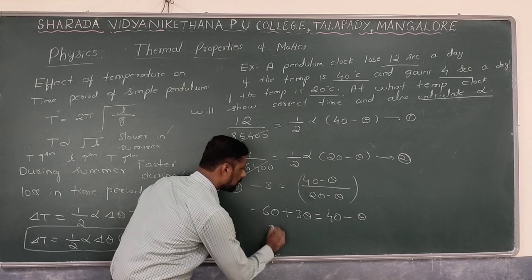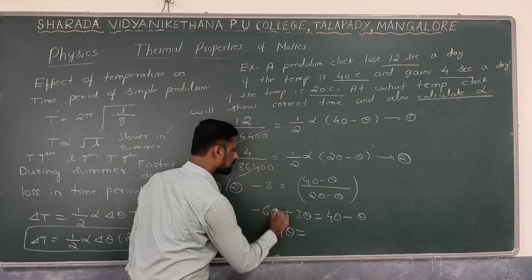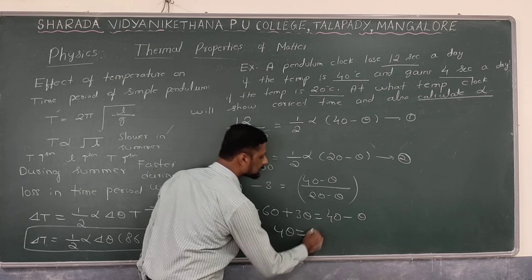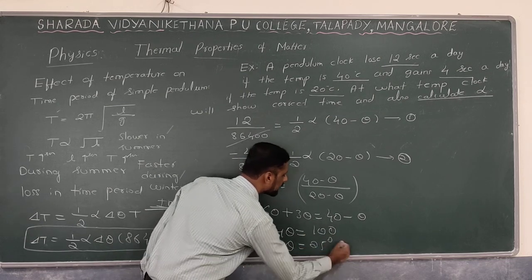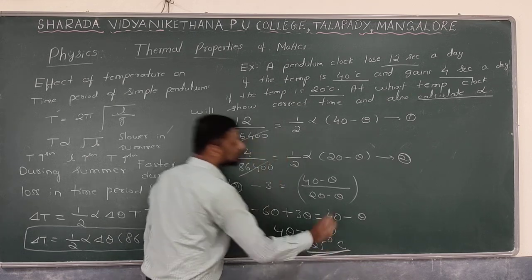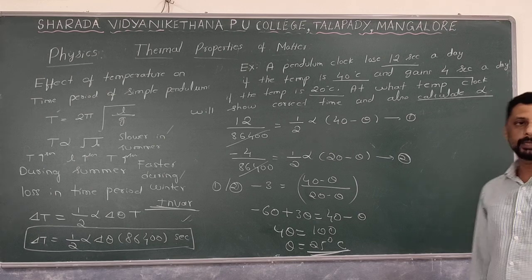So 4 theta is equal to, taking minus 60 to the RHS, 100. Therefore theta is equal to how much? 25 degrees Celsius. So at a temperature of 25 degrees Celsius, the clock will show the correct time.